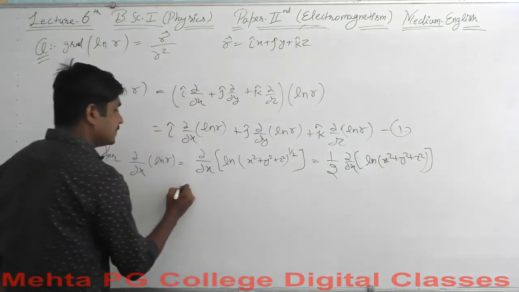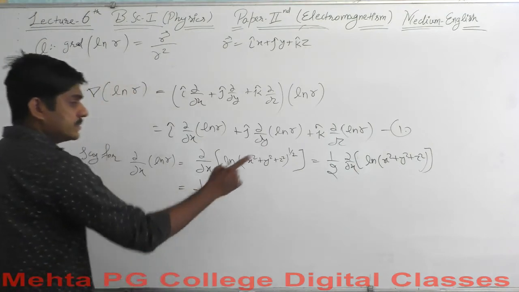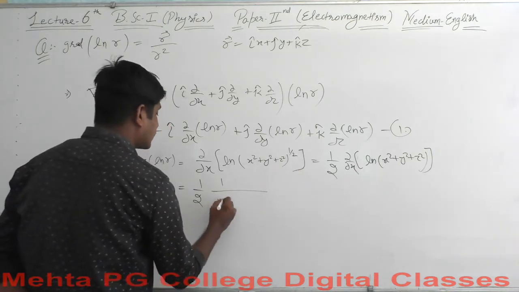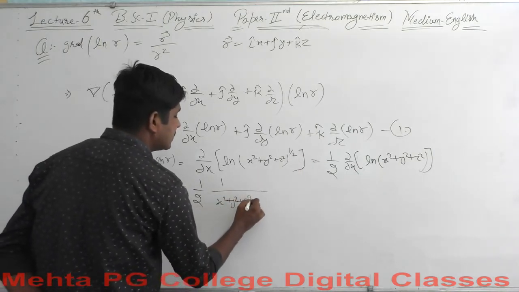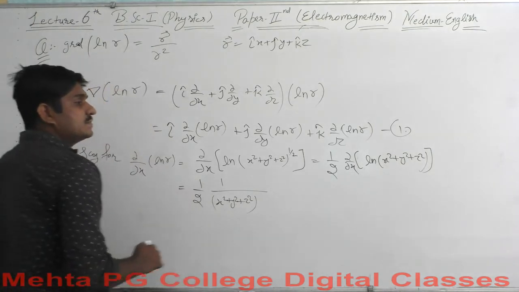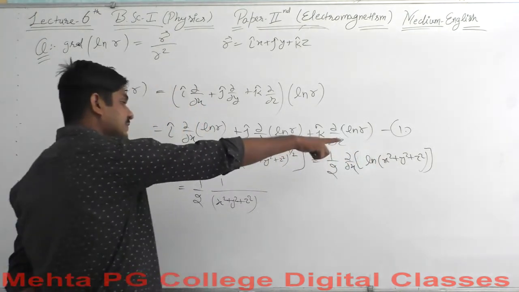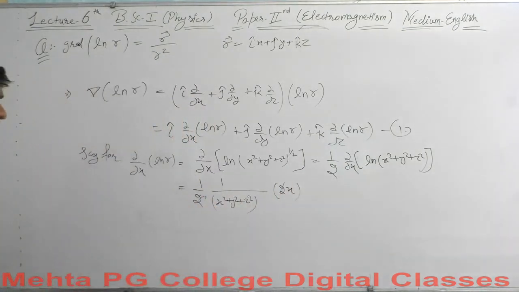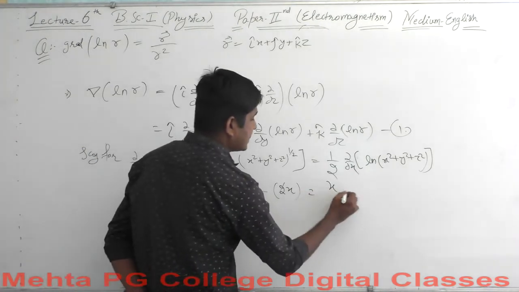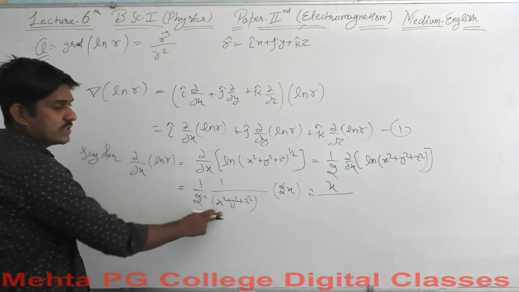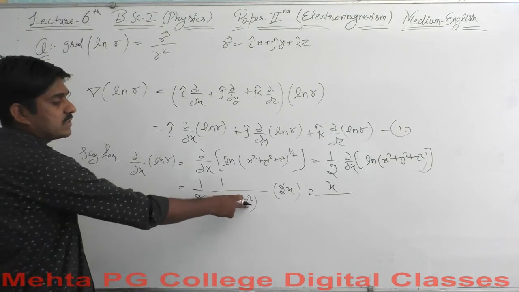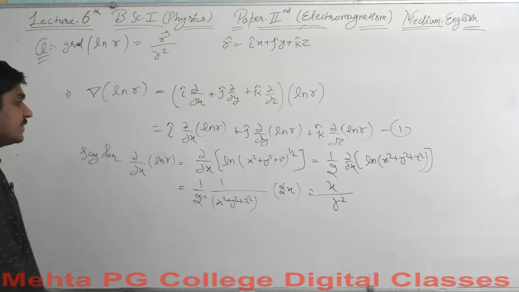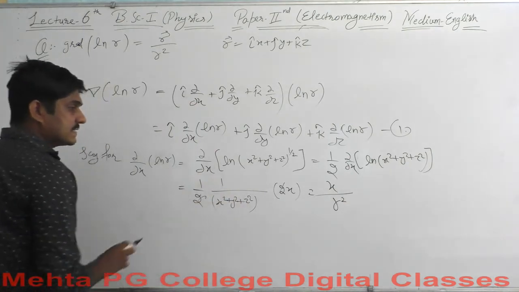So this is equal to 1 over 2, times 1 over the value of that x square plus y square plus z square, and again for this value 2x, 2 again got cancelled here. So this is equal to x upon, what does this value equal to? x square plus y square plus z square equals r square. So the value of i cap ∂/∂x ln r is this.